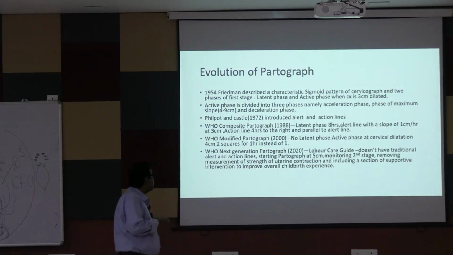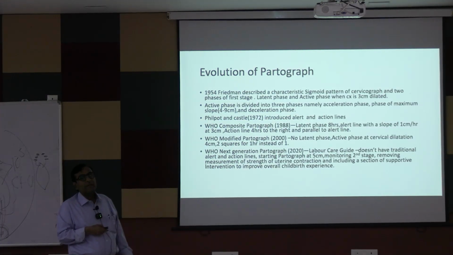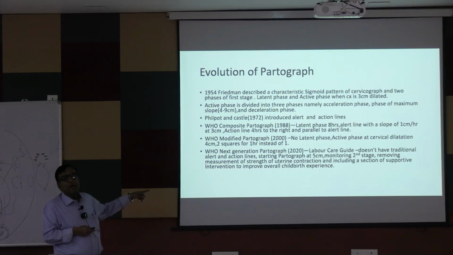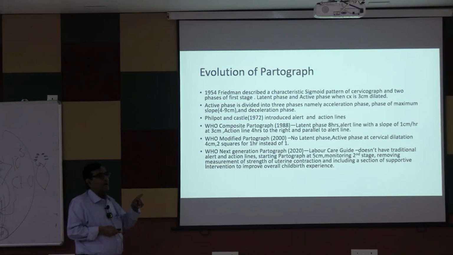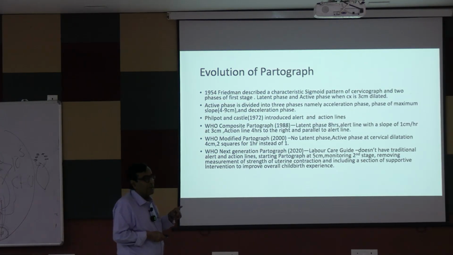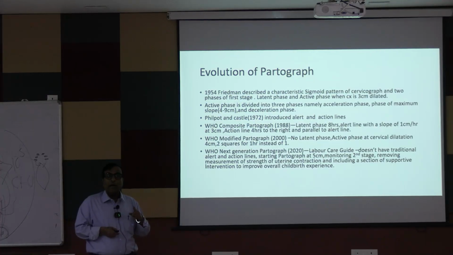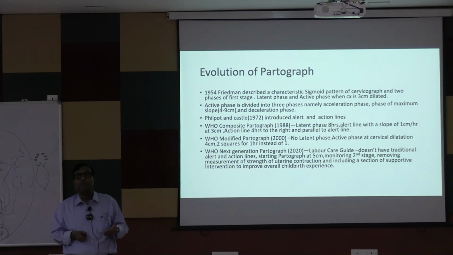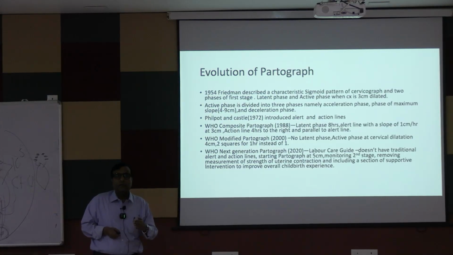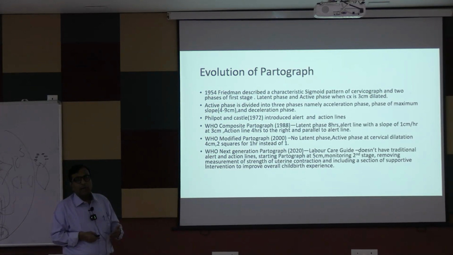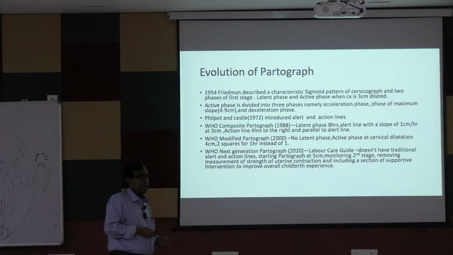What is that different section? Different interventions. Number 1, attendant. A special attendant is provided with the patient. Number 2, oral fluid intake. Actually, when the patient enters the active phase, we do not give solid food, but oral liquid is allowed. And number 3, posture.